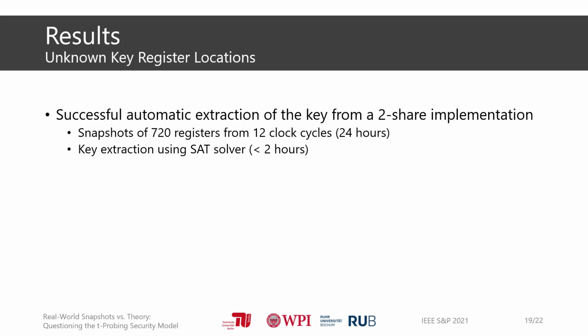However, the key extraction using the SAT solver then only took 1 hour and 47 minutes. And I should also mention that the extraction time, so the time for capturing and solving the SAT problem, increases basically linearly with the number of registers contained in the design.